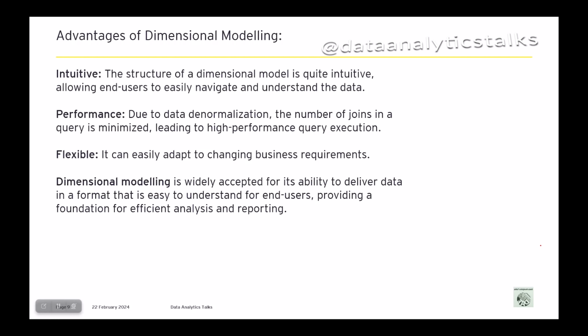And it's very flexible. It can easily adapt to changing business requirements. Dimensional modeling is widely accepted for its ability to deliver data in a format that is easy for end users to understand, providing a foundation for efficient analysis and reporting.